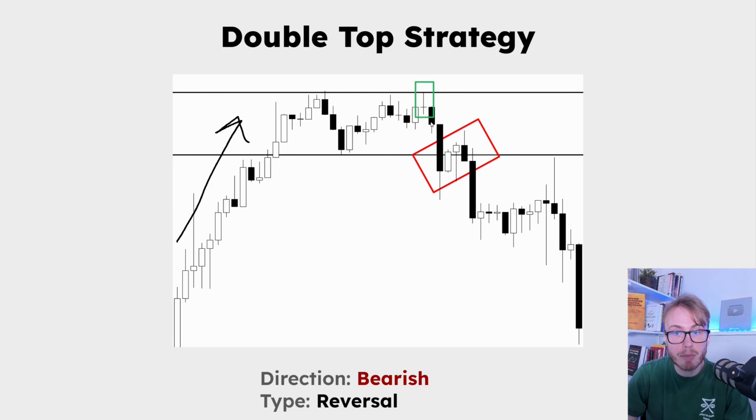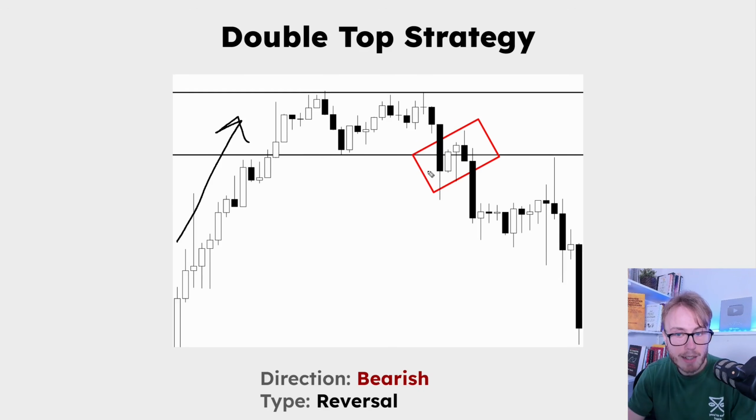We also talked about the entry where you can enter at the break below the line. So for this pattern, I want to focus on this type of entry right here. And this one can be a little bit tricky to understand, especially for beginners. But essentially what we're looking out for here is that, first of all, this strong bearish candle right here broke below the low. So this right here is a common point to enter.